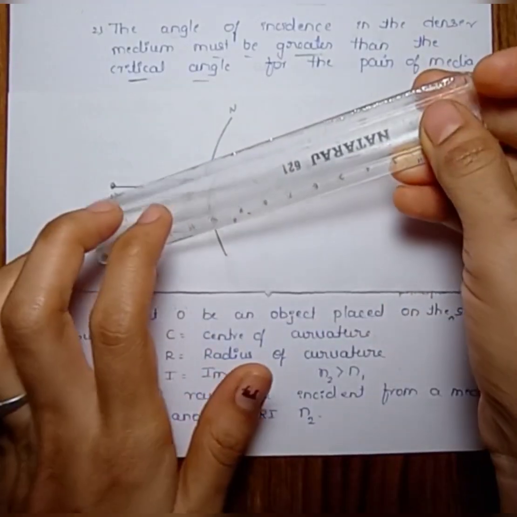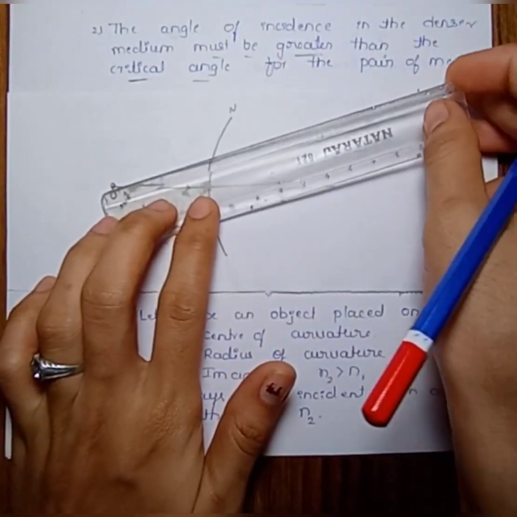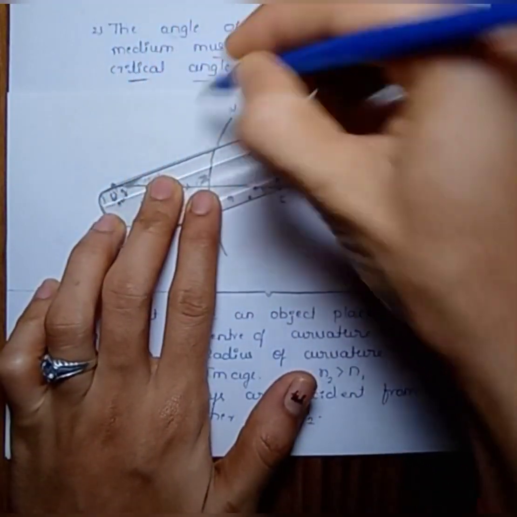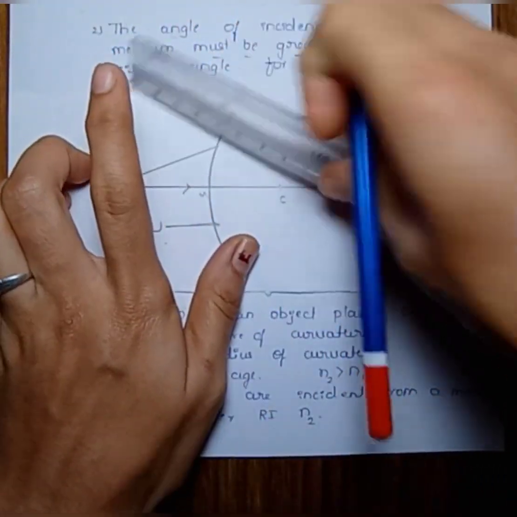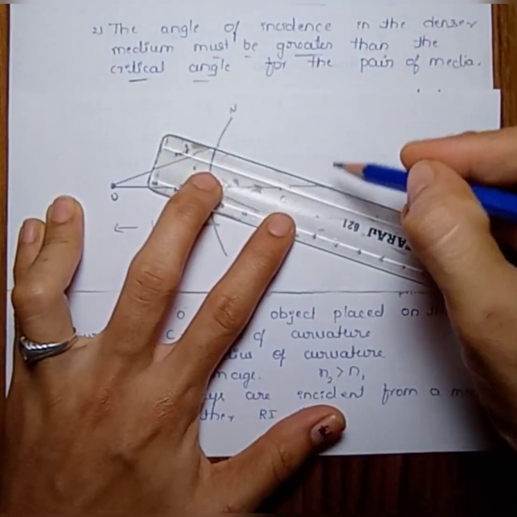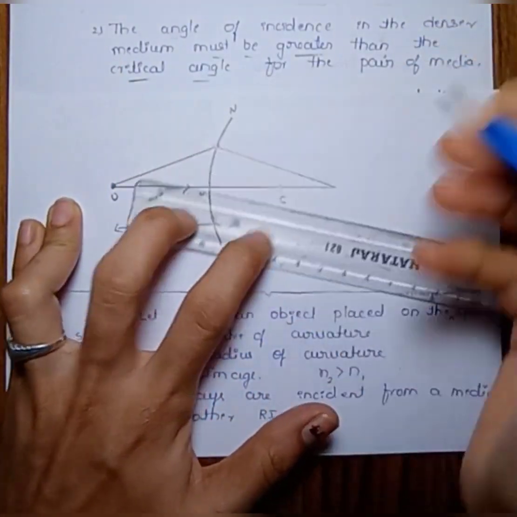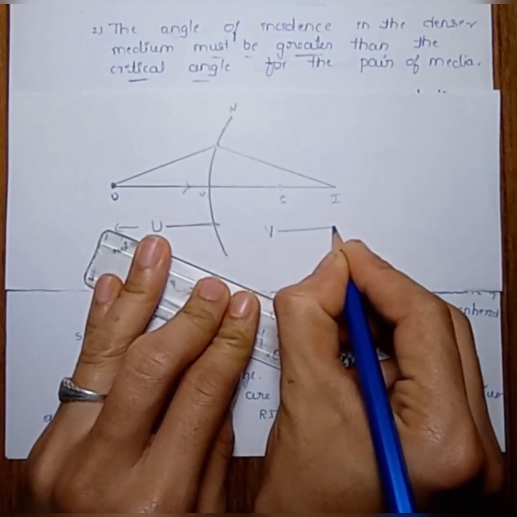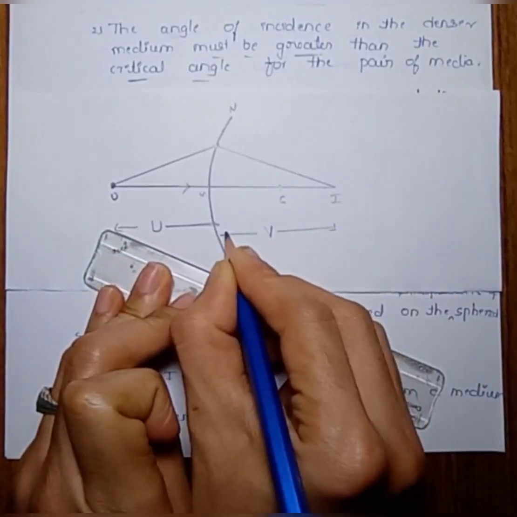A ray of light which is incident on the spherical surface, after refraction, forms an image at I, and v be the image distance from the pole.